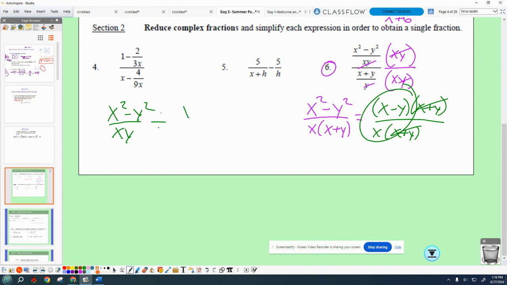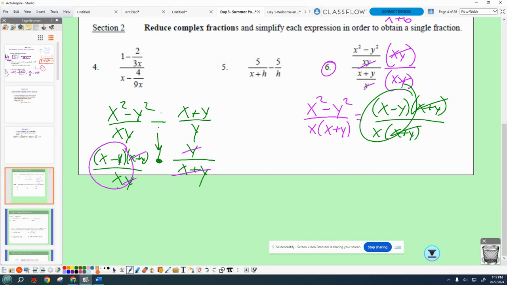Okay, so she says, dividing by that fraction, division becomes multiply by the flip, multiply by the reciprocal. And then factoring like Ashley just did. And then the x plus y is canceled, this y cancels, and I get the same answer that I had here.